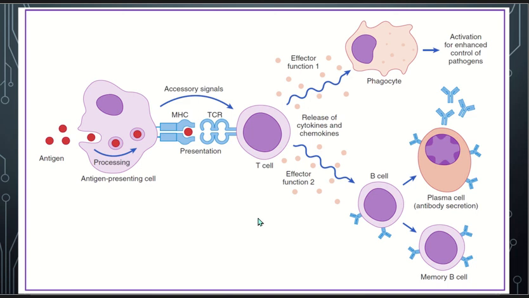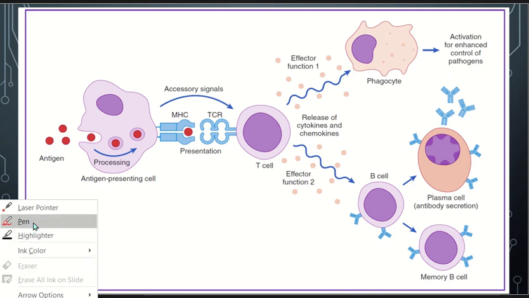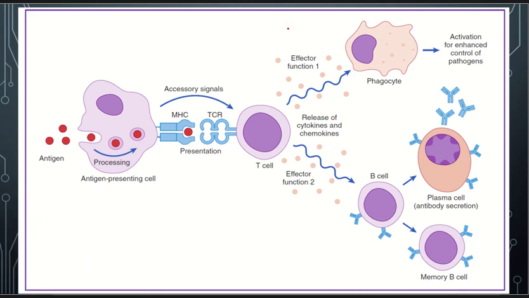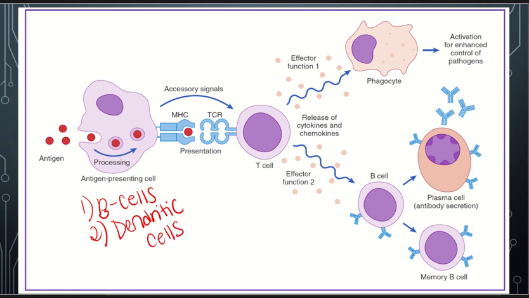So just a quick recap, you need to have that antigen binding to the APC, our antigen presenting cell, which remember we said includes our 3 MVPs: B cells, which we see here, my personal favorite, dendritic cells, DCs, and macrophages.